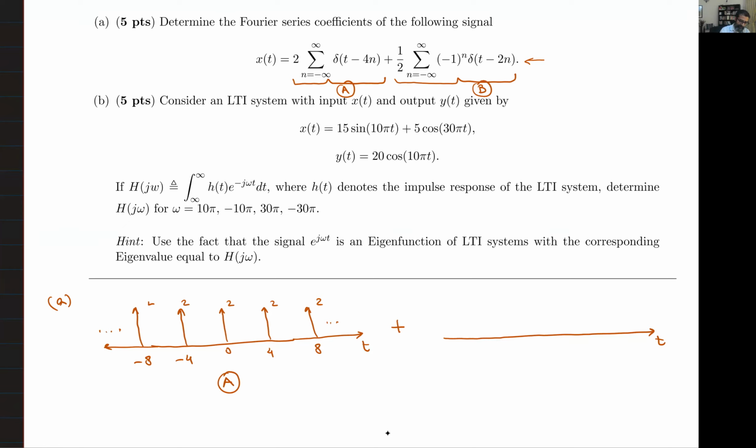So this is time 0, and at 0 you're going to have a positive impulse, and at 2 you're going to have a negative impulse, and then a positive impulse, negative impulse, and so on and so forth, right? The separation is going to be 2 seconds, and the height of each of them is going to be half. So this is half, and so on and so forth.